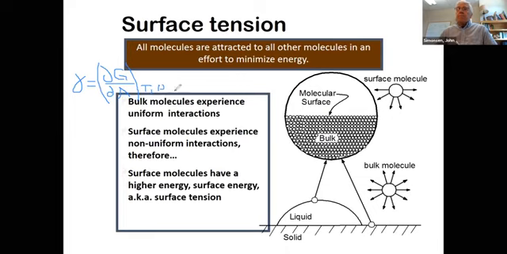You remember your thermo, that's at constant temperature and pressure. So that's the thermodynamic definition of surface energy.